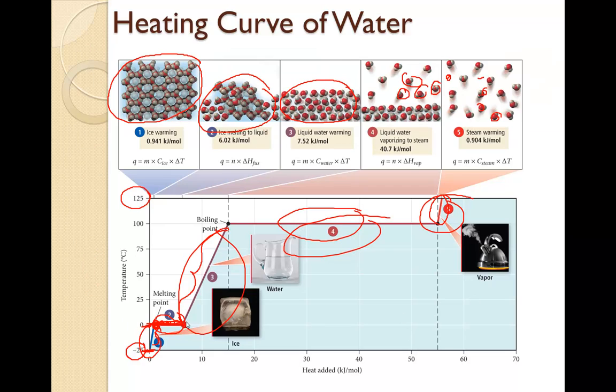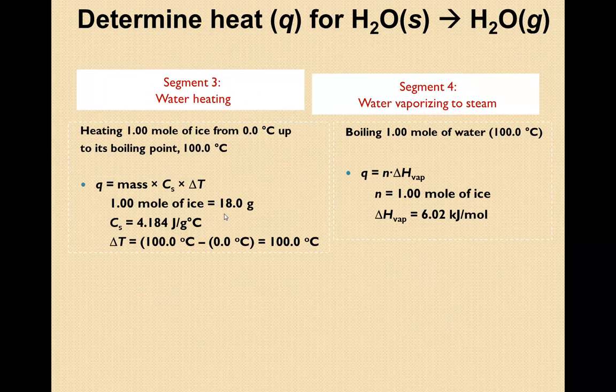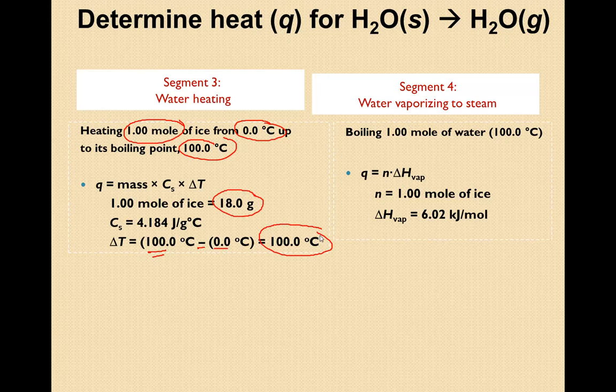Before we get to 125, we have to get up to the point where it boils. So we're going from 0 to 100, to the boiling point. So once again, we have 1 mole, which is equal to 18 grams because of the molar mass, going from 0 to 100. So that's 100 minus 0. The change of temperature is 100 degrees. The specific heat is 4.184, which is a known.